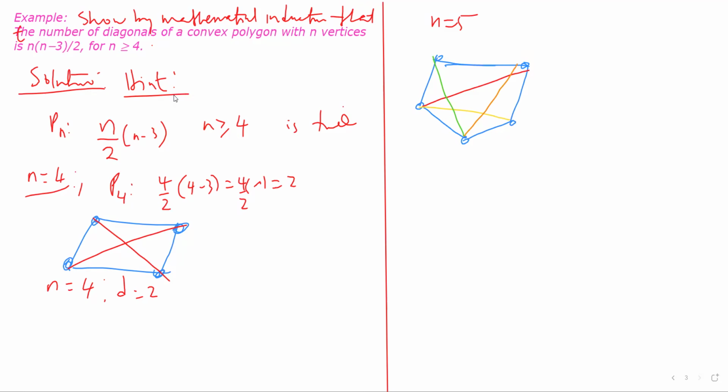So if n is 5, P5 gives 5 over 2 times (5 minus 3), which is 5 over 2 times 2, which is 5. So you see, if we have 5 vertices, the number of diagonals is 5.